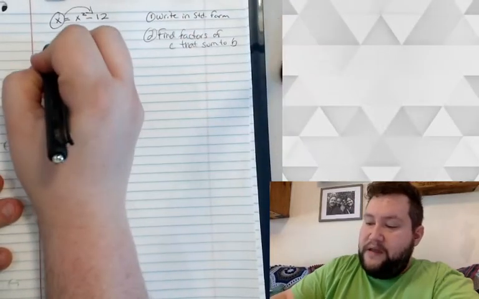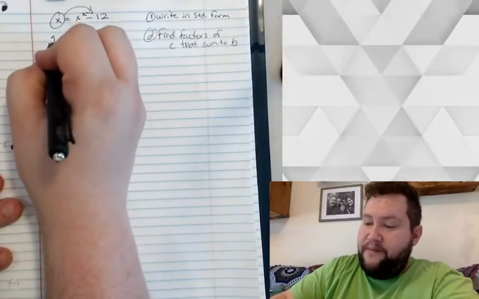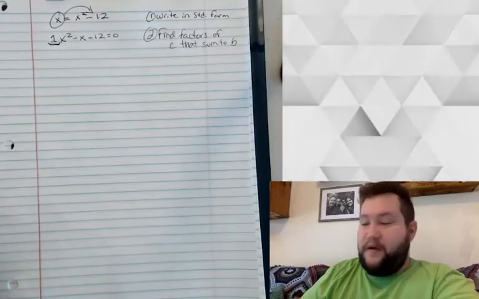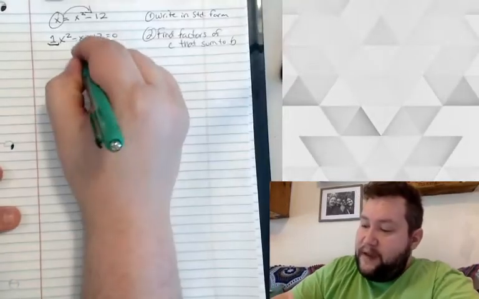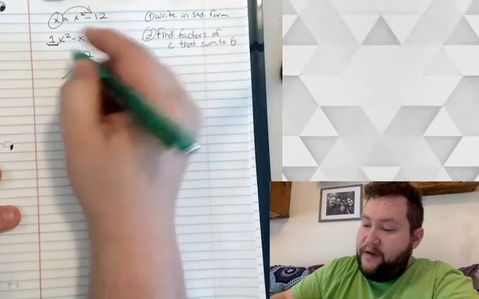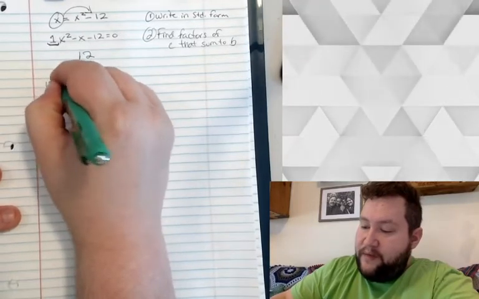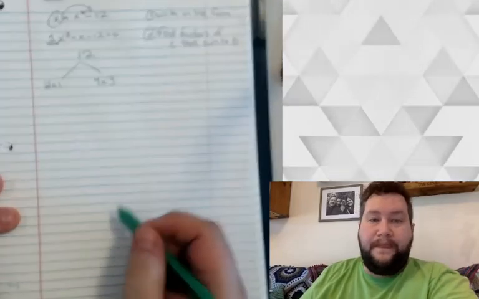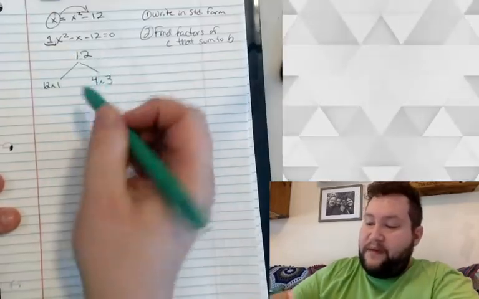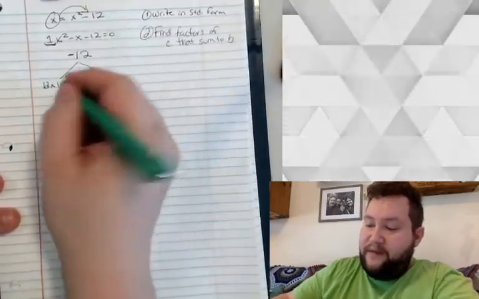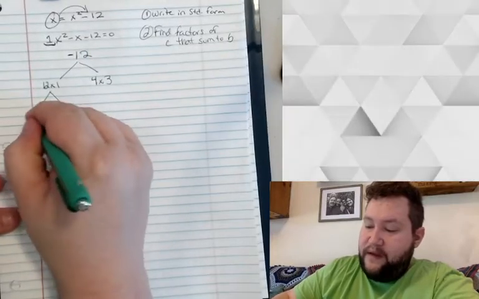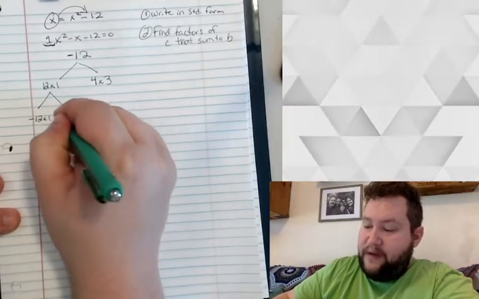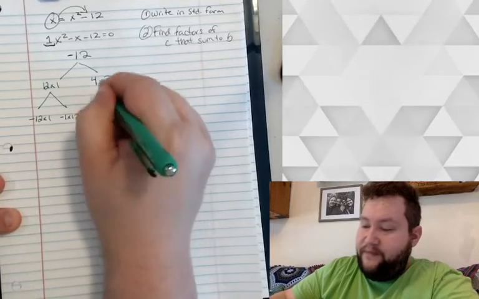And since our leading coefficient is 1, we don't have to worry about any of our products. So we have 12 is either 12 times 1 or 4 times 3. And it's not just 12, but it's a negative 12. And so we really have negative 12 times 1 or negative 1 times 12.